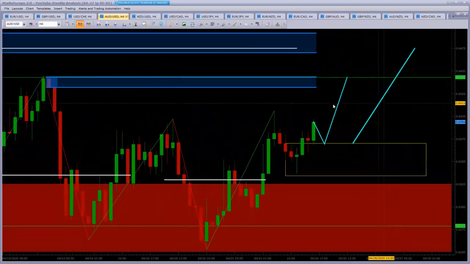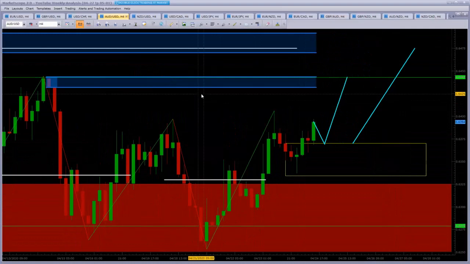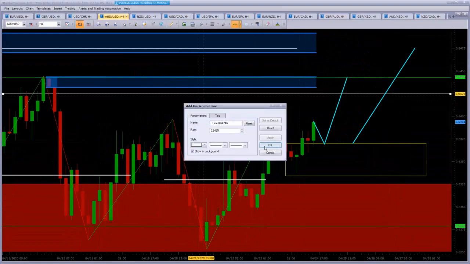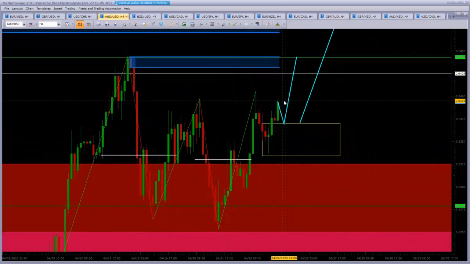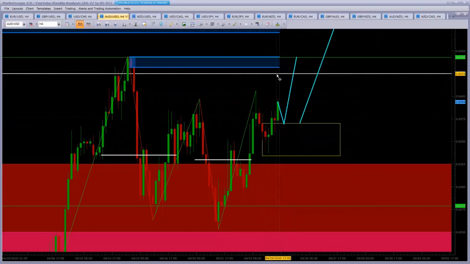If the dollar's 500 level gets respected, and it starts shooting up, then most likely we're going to come and test the 64.25 level, 64.20 area, and from there on, it's just going to start shooting down.